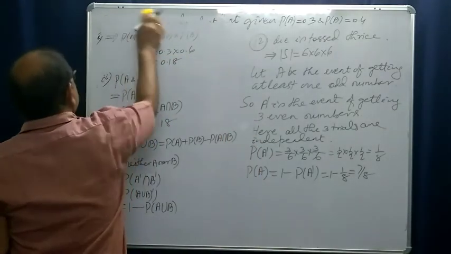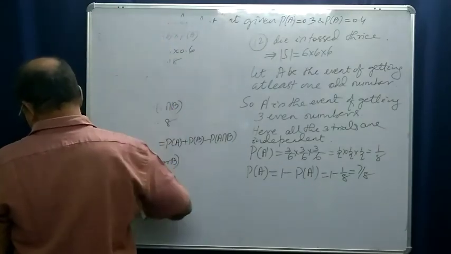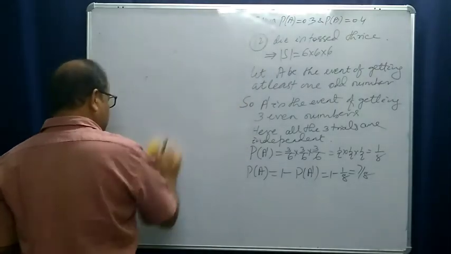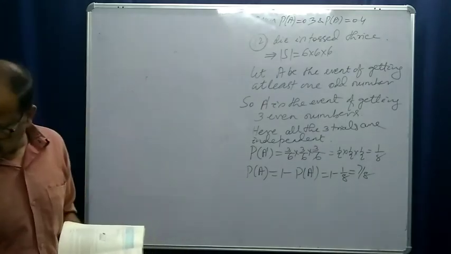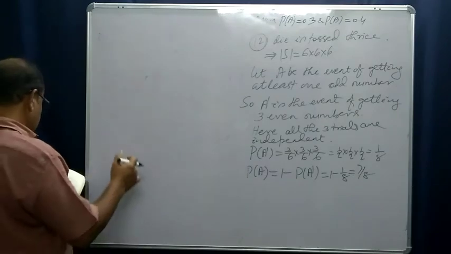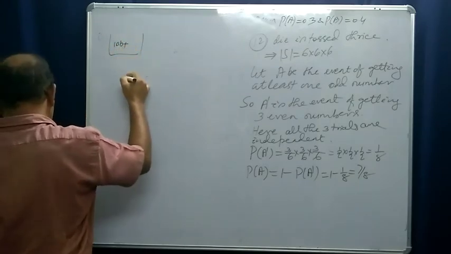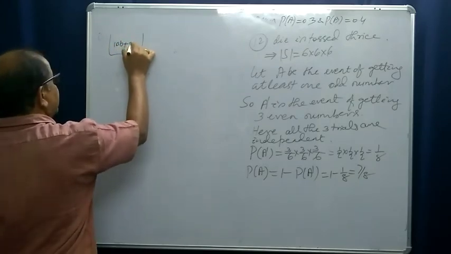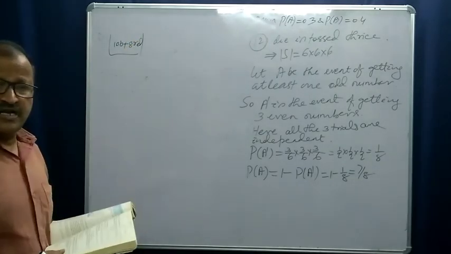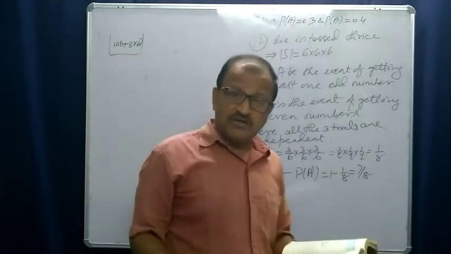One is drawn, then it is replaced, then another is drawn. 10 black plus 8 red balls are there, and we will draw two balls one by one with replacement.